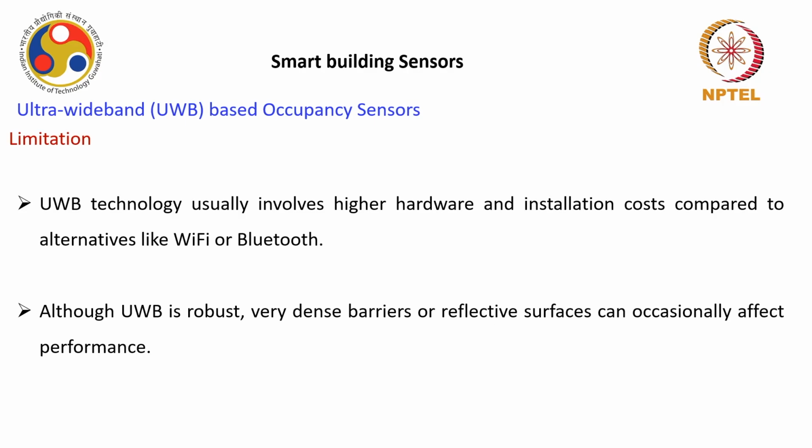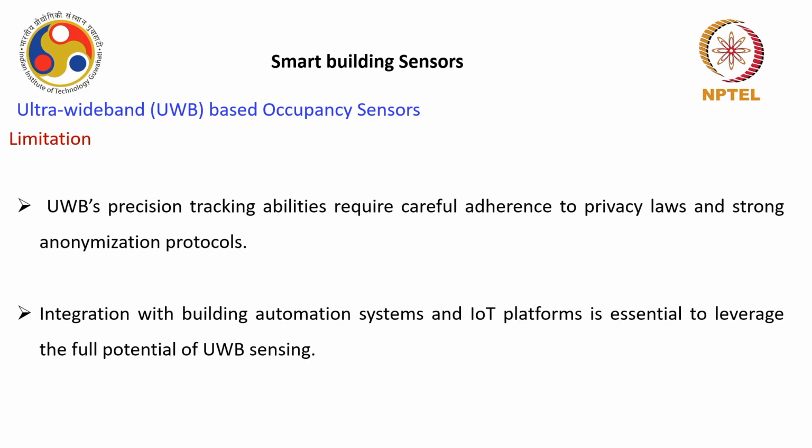Although the UWB is robust, very dense barriers or reflective surfaces can occasionally affect the performance, but not always, okay. UWB's precision tracking abilities require careful adherence to privacy laws and strong anonymization protocols, okay.